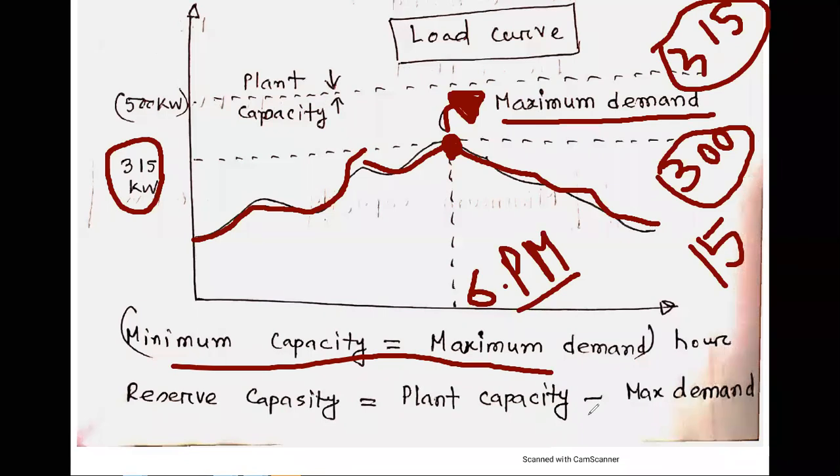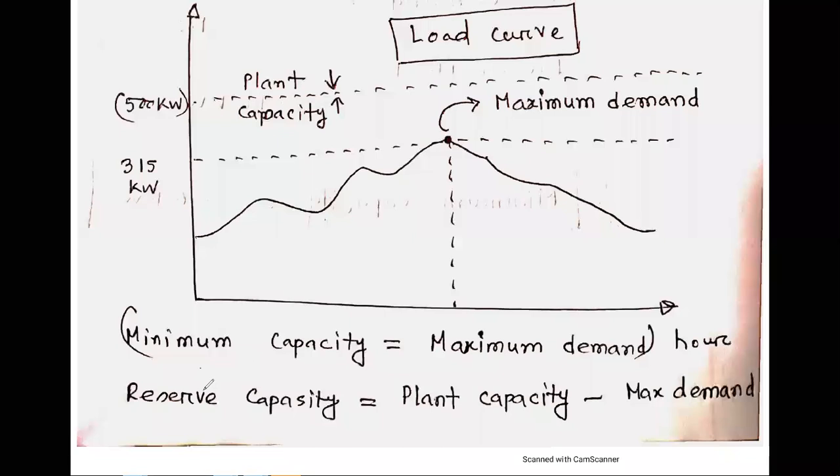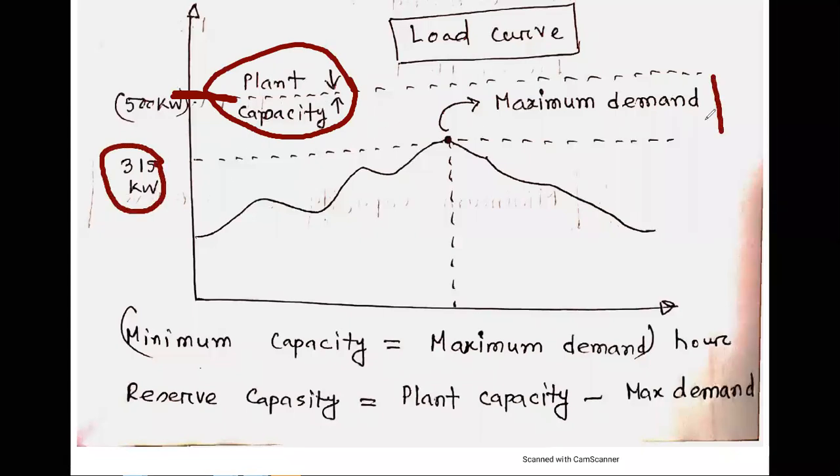So that's it for this. But I will discuss one more thing: the power station capacity need not be exactly equal to the maximum demand. We should always take a reserve capacity. Suppose the plant capacity is 500 kilowatt and the maximum demand is 315 kilowatt. The difference is basically the reserve capacity for the future.